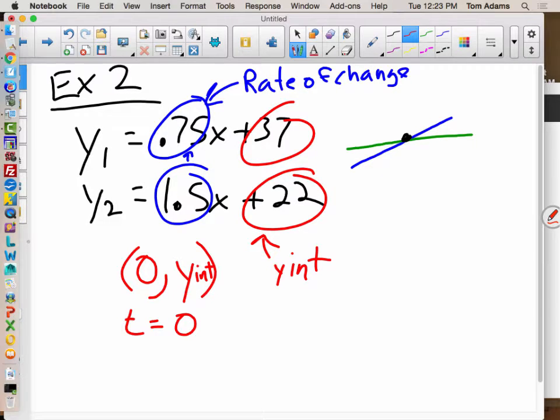Well, these are usually what we call an initial condition. So we would call that an initial condition. Does that make sense? So that'd be like when it's born. Yeah, so when it's born.